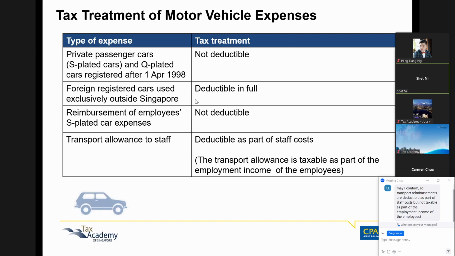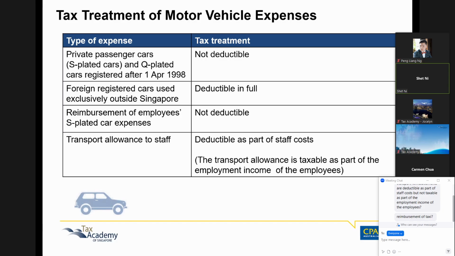Versus, if you look at the transport allowance, there's this statement saying that the transport allowance is taxable as part of the employee's income. For the reimbursement of employees' estate car vehicles, we'll still bring it to tax.